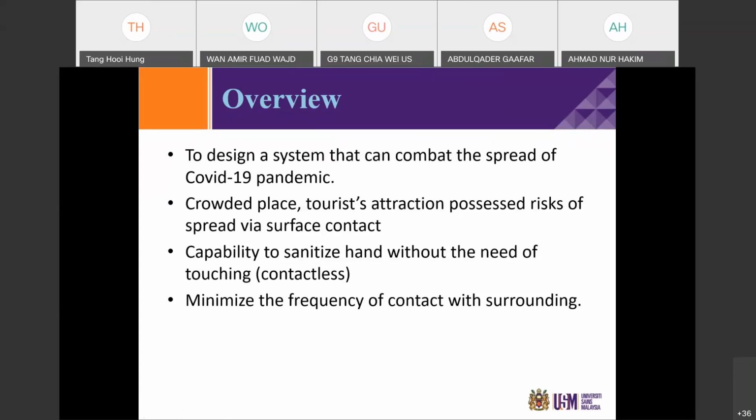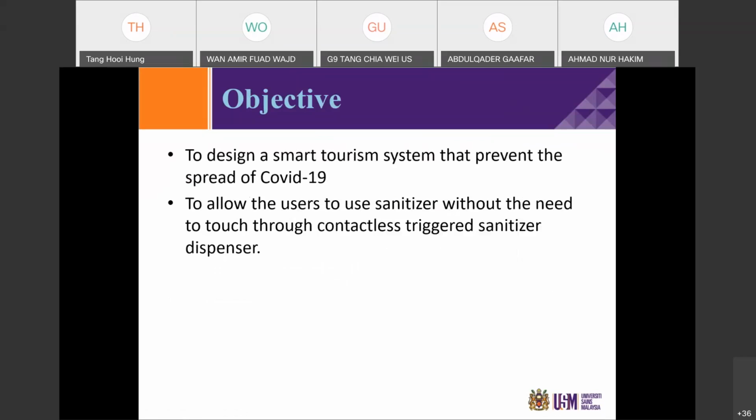This is for minimizing the frequency of contact with the surroundings, especially when you are in a crowded place or a tourist attraction. For our objective, we need to design a smart tourist system that prevents the spread of COVID-19 and allows users to use sanitizer without the need to touch, through a contactless triggered sanitizer dispenser.